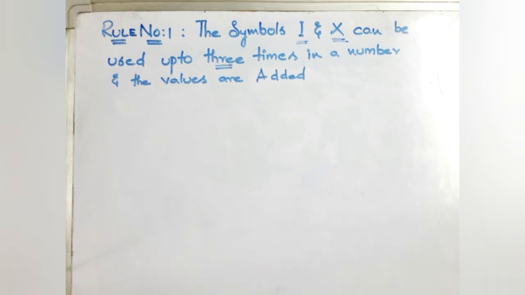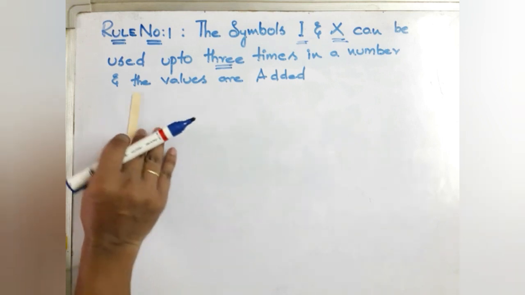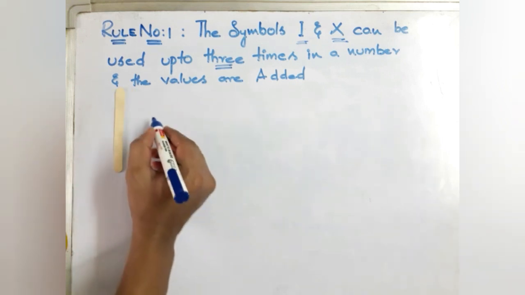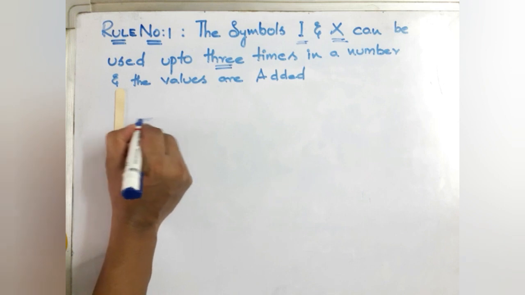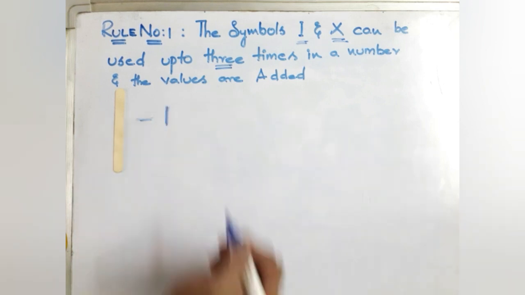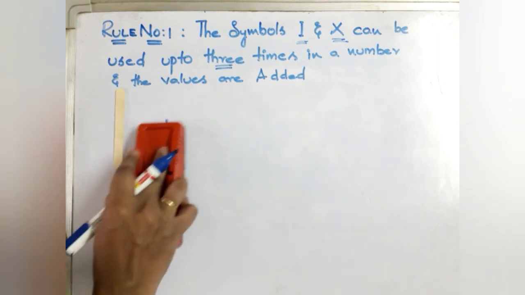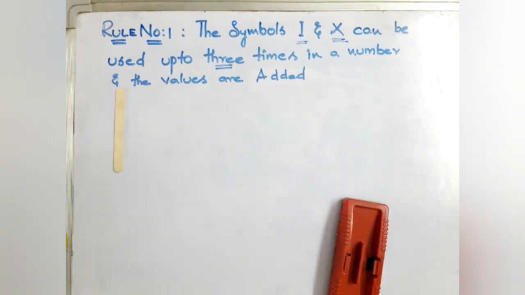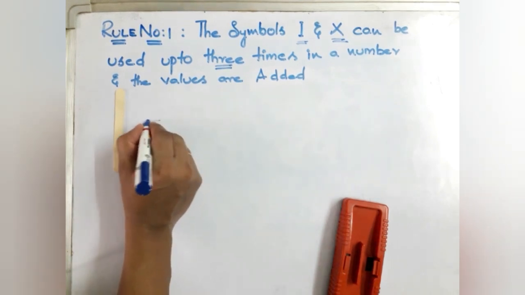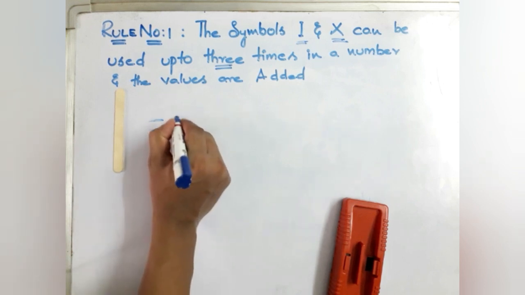I will show you an example. Look. As we have discussed, this I value indicates 1. Now if I put I, you will say the value is equal to 1.